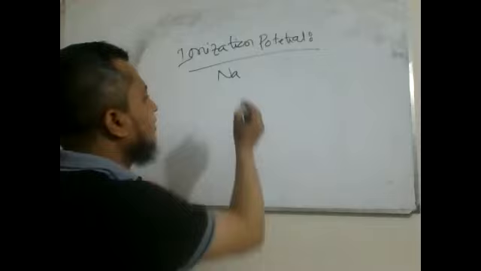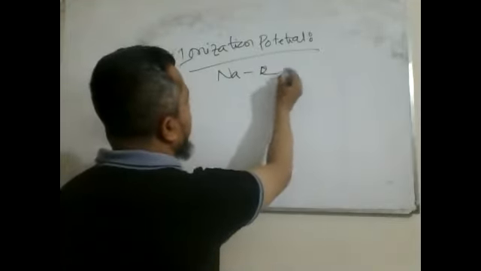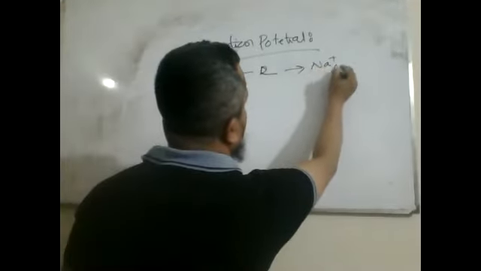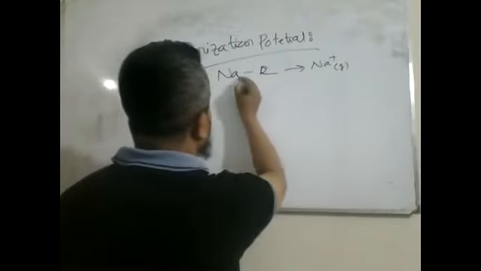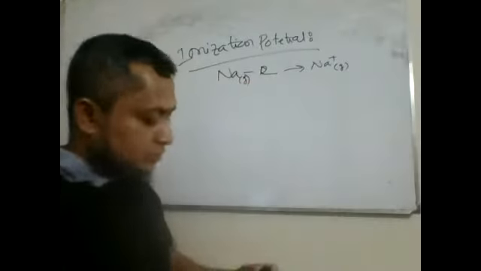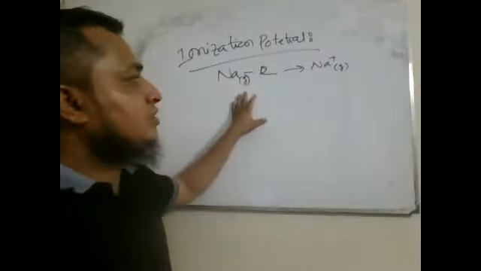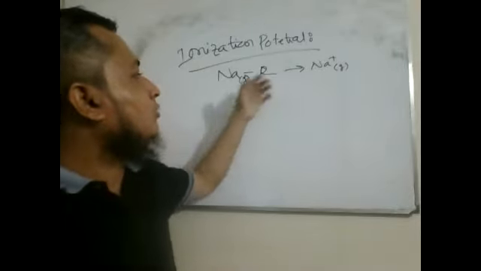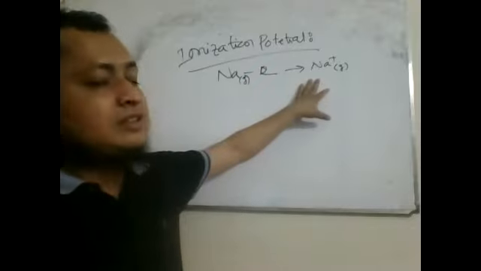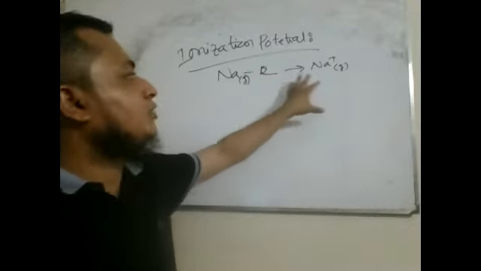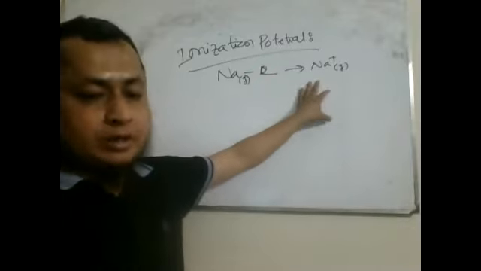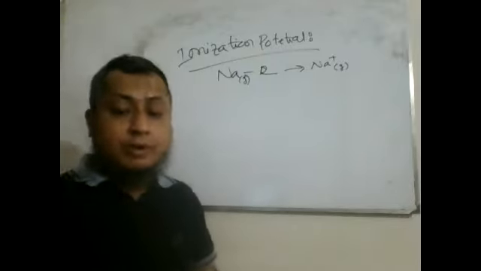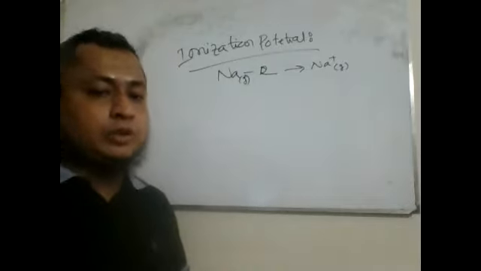For example, sodium releases an electron to form a sodium ion in gaseous state. That means the energy which is required to get a sodium ion from sodium in gaseous state is known as the ionization potential of sodium.